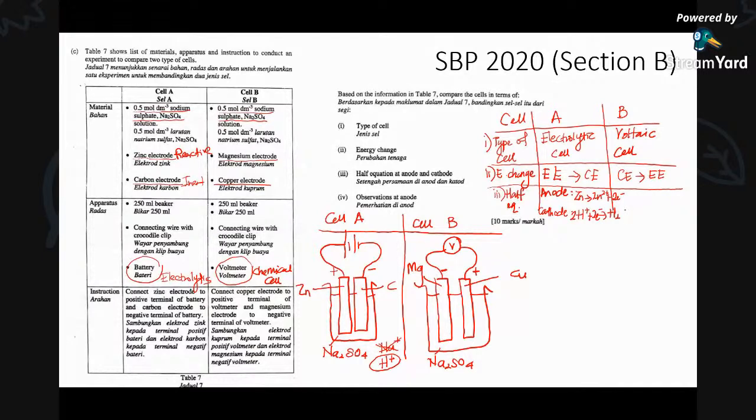Okay, now you look at cell B. So cell B anode. Okay, which one is anode? So the one that loses electron. Who loses electron? This one loses electron.